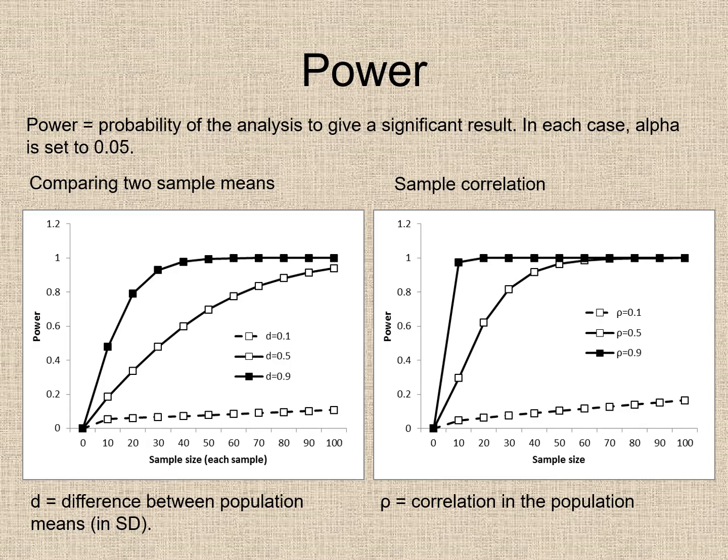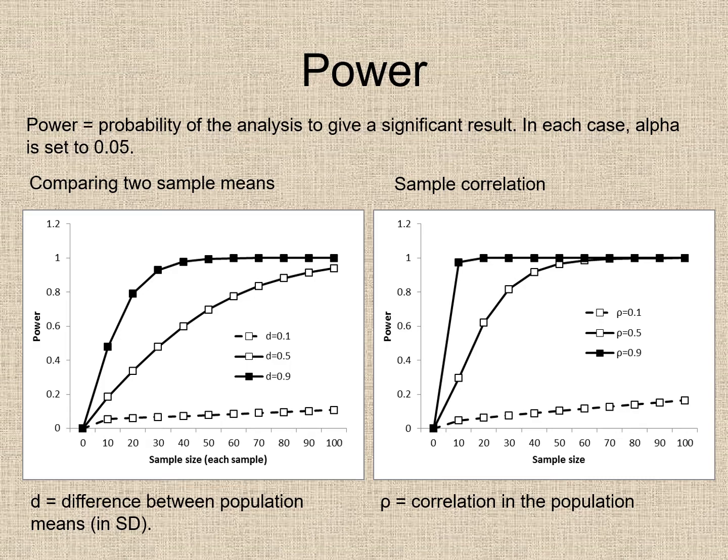If we have a look at the middlemost line here, then the true difference between the population means is half a standard deviation. Here we see that the power is much higher. So for example, if we have 50 persons in each of the samples, the power seems to be something like 0.7, so 70%.